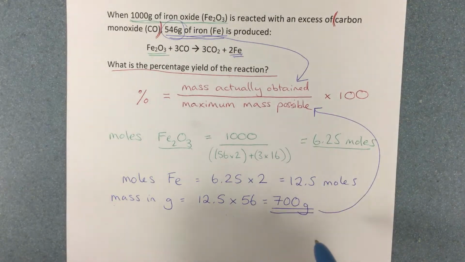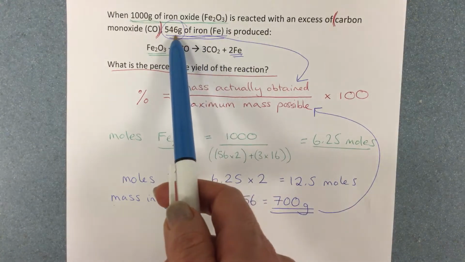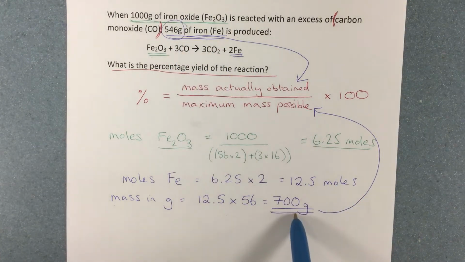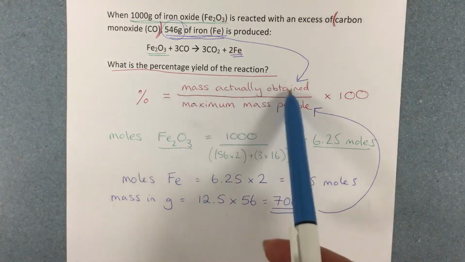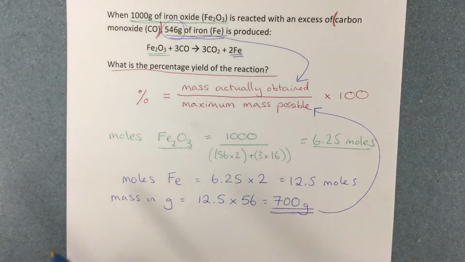This is a good thing. This is what I want to see in a percentage yield question. It gives me a clue that I've got it right, that the actual mass I got out is less than the maximum possible mass that I could make, because this is my maximum number. If you were doing a test, you couldn't have scored more here than the total number of marks possible.